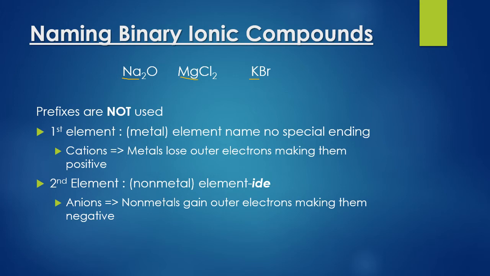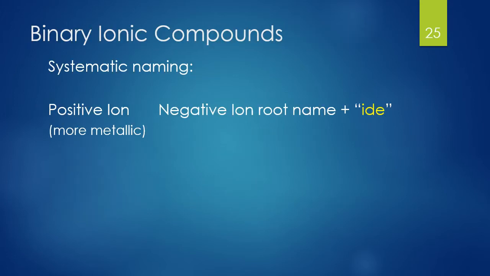Now the nonmetal portion is usually the anion because it gained an electron from the metal portion, making it negative. So here is the basic systematic naming. You name the positive ion first, which is most often a metal, not always, but most often. The second element present, the negative portion, you use its name, but with an IDE ending.